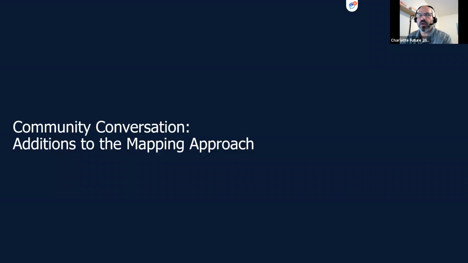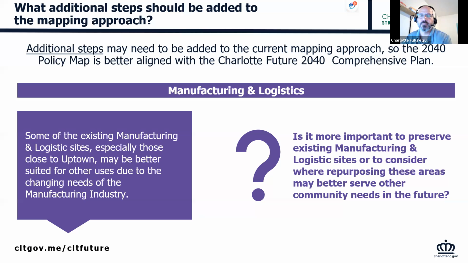Okay, now that we've gotten your feedback on what's been reflected in the mapping approach so far, let's turn our attention to what might be missing from the mapping approach. We recognize that the current mapping approach is just a starting point, and we may need to add some additional steps to better align the map with the Charlotte Future 2040 Comprehensive Plan.